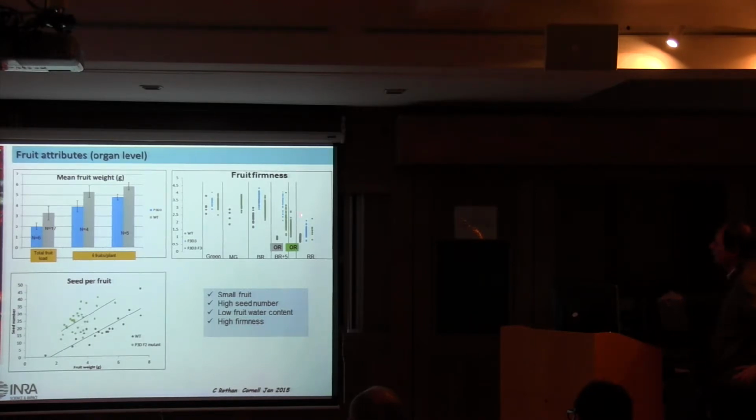I won't go into the details, but anyway, firmness is higher in that mutant. And this is not due to seed number, although fruit size is very often dependent on seed number. Actually, this mutant has even more seeds than wild-type. So we have a small fruit mutant with high seed number, more dry matter, and high firmness.